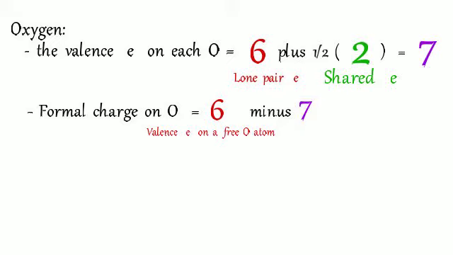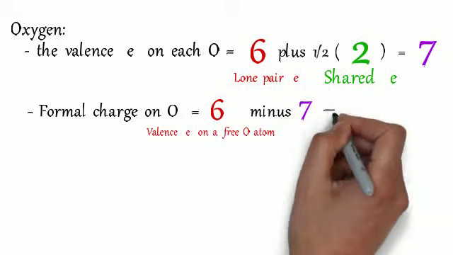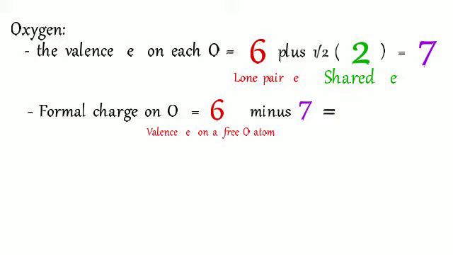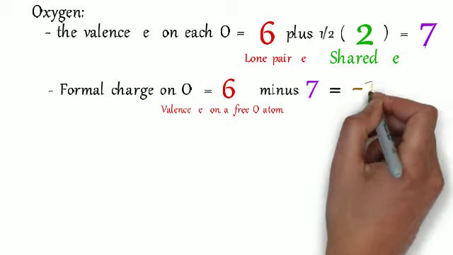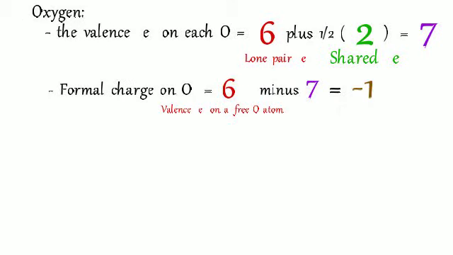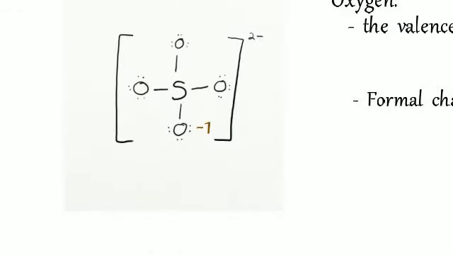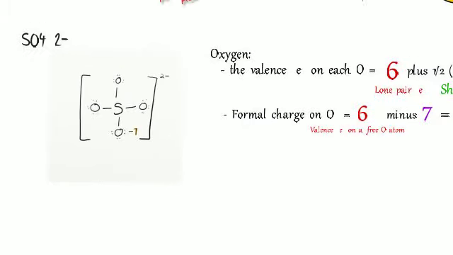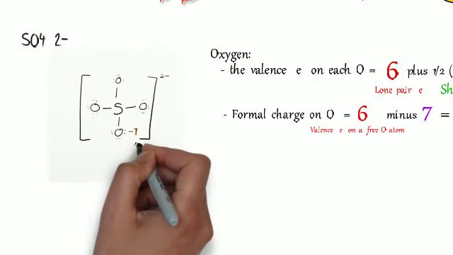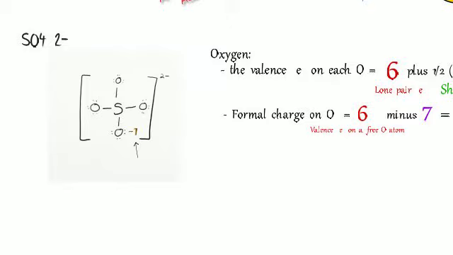And this will equal the formal charge, which is a -1. So each oxygen's formal charge over here is a -1 for each oxygen.